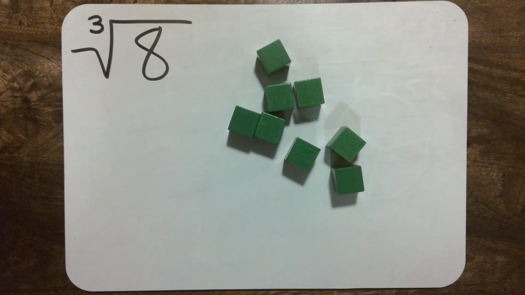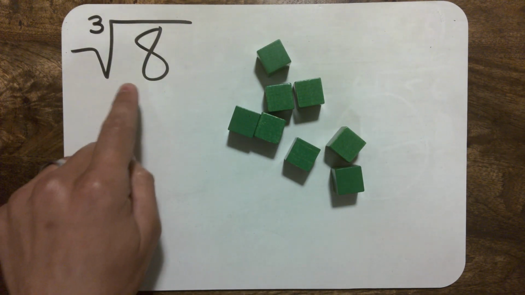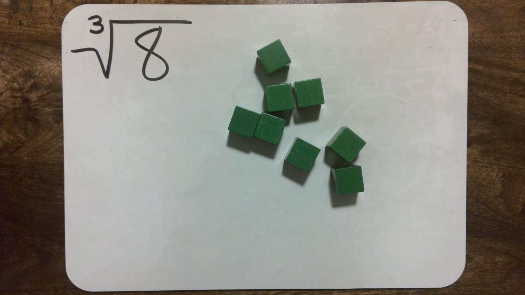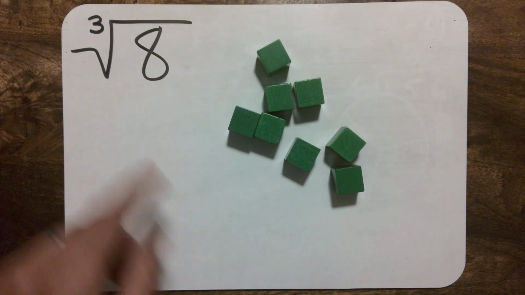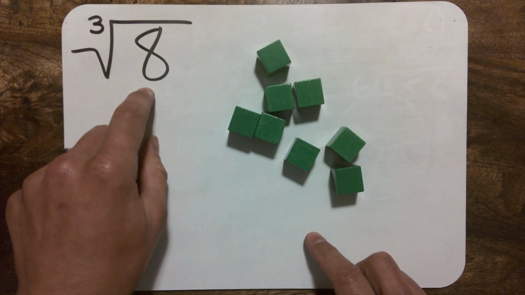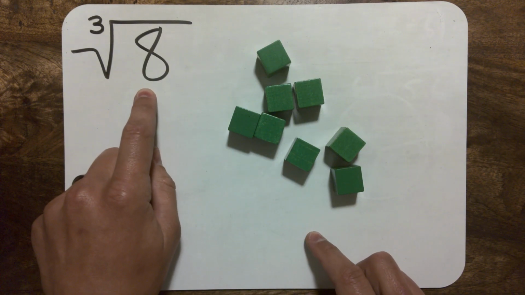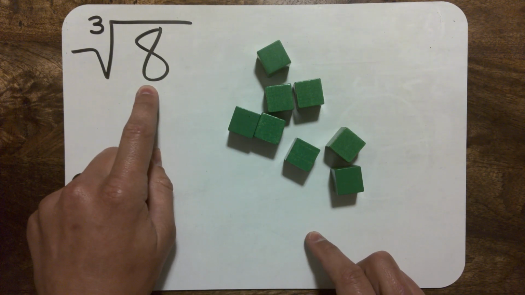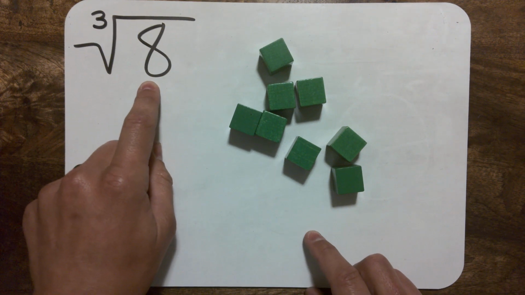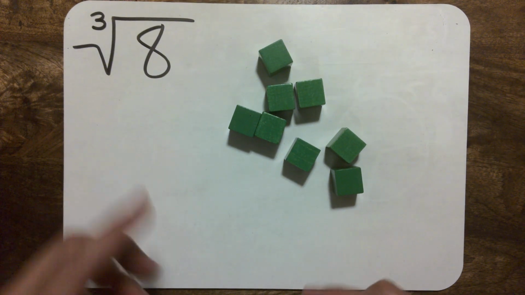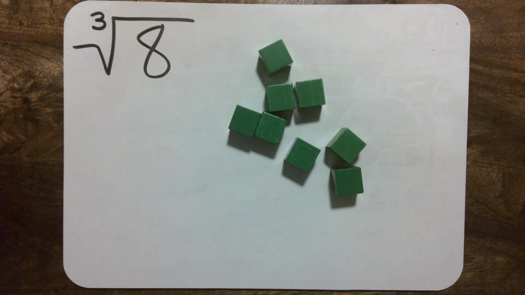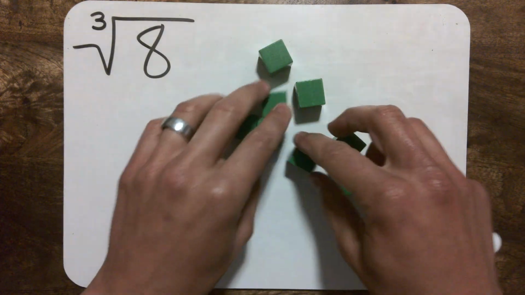The last one we'll look at is going to be the cube root. So again, how we can think of this at this stage is that geometric model. If we have the cube root of 8, what this is saying is we have a cube that has a volume of 8 cubic units. And we want to figure out what the edge lengths are, which is just the term we use for the side lengths of a 3-dimensional figure.